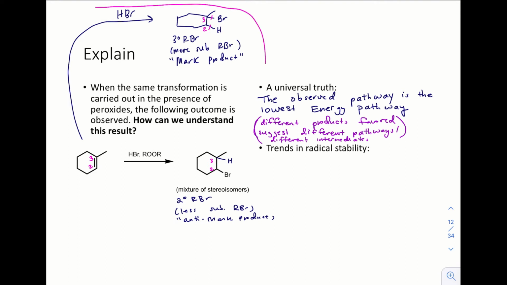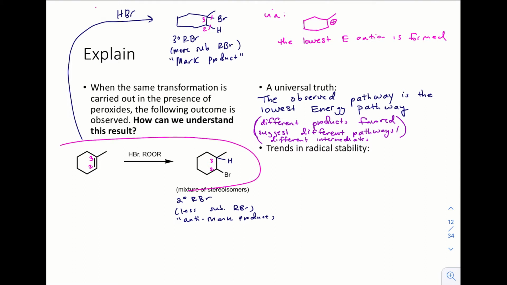In the absence of peroxides, just hydrohalogenation, this reaction proceeded via carbocations, and the most stable carbocation was formed. In the case of hydrohalogenation in the presence of peroxides, this proceeds via radical intermediates, and as you would guess, the lowest energy radical species will be formed.